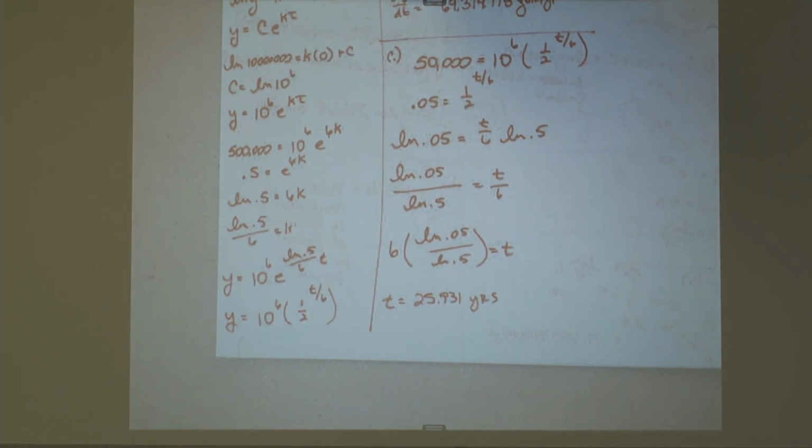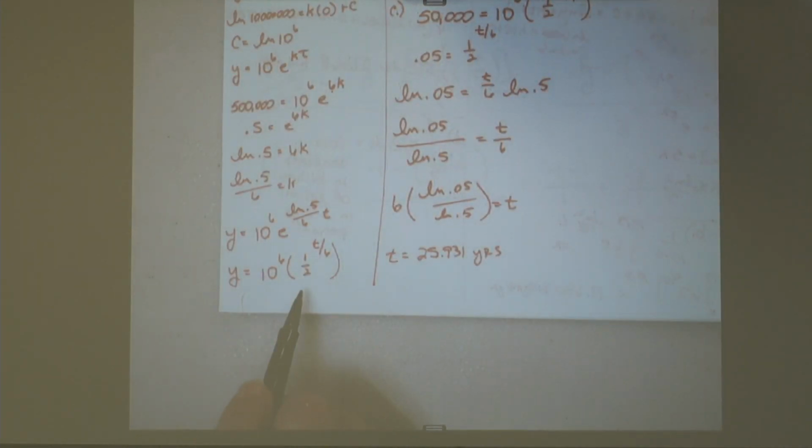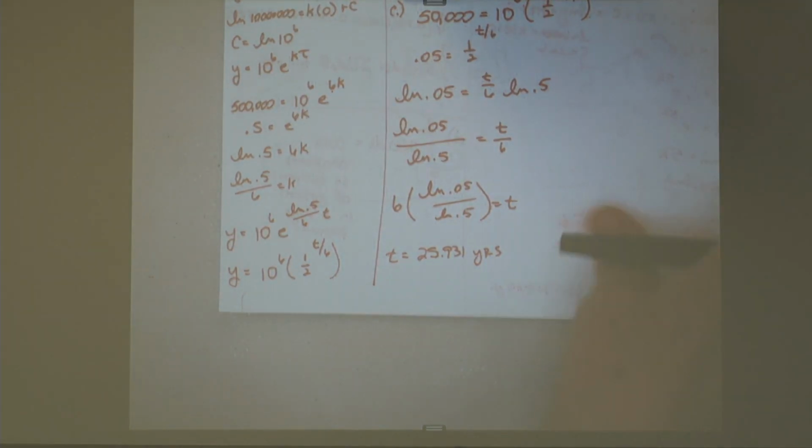Natural log of 1/2 equals 6k natural log e, the natural log e falls away, and k equals ln 1/2 over 6. When I plug that back in, e to the ln 1/2 turns into 1/2 to the t over 6. If you're not comfortable with that, practice it a couple of times. It'll start to make sense the more you practice it. So there's my equation.